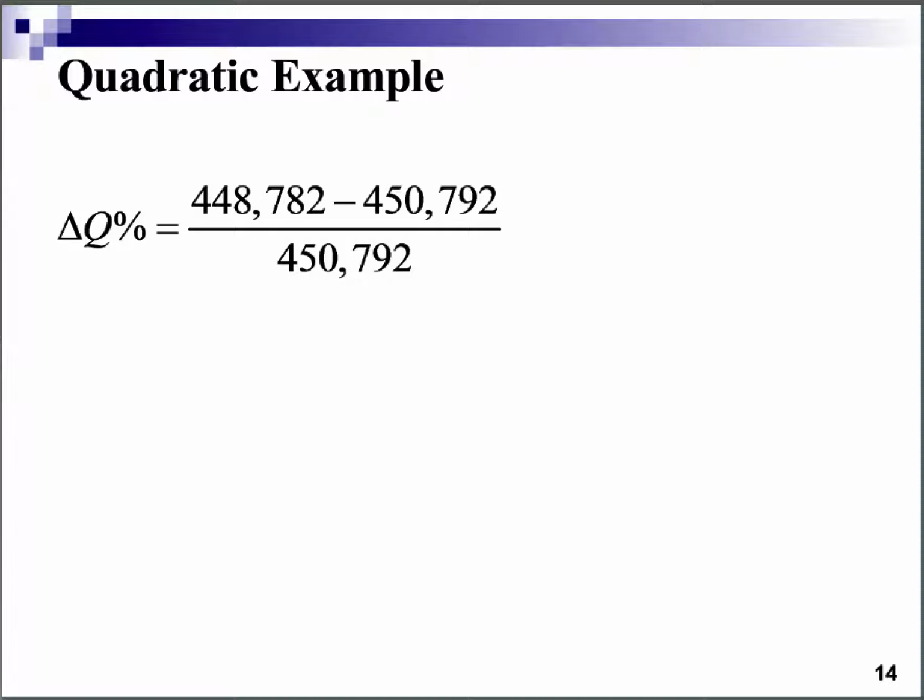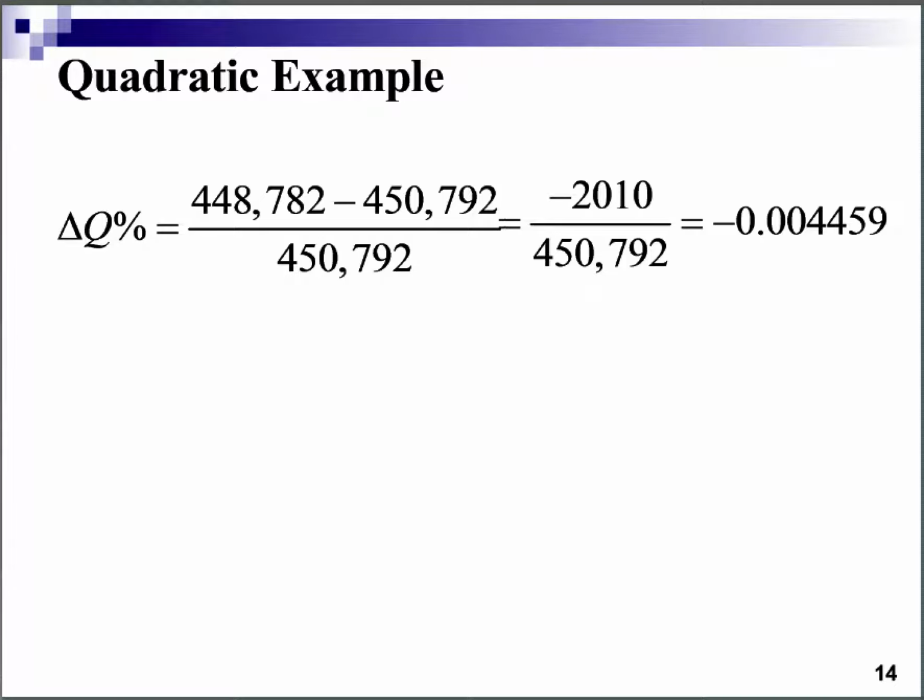So this slide should look very similar to one that we've already seen before. We're going to compute the percent change in the quantity in demand by looking at the new quantity in demand, which is just under 449,000, minus the original quantity in demand of 450,000, divided by the original value.